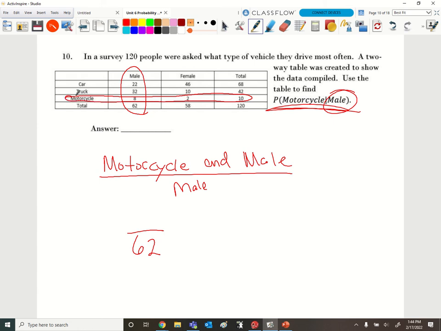That's the 'and' right there, and it is going to be the 8, because that's the only number that's in both. And when I do my math, I come up with point what? .12. All right. Questions, concerns, complaints?